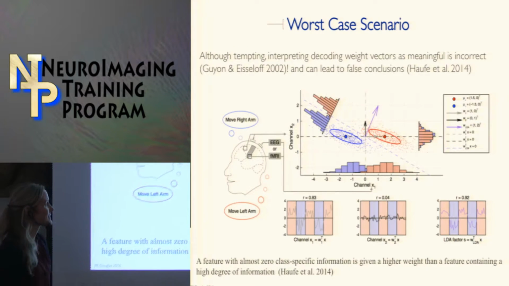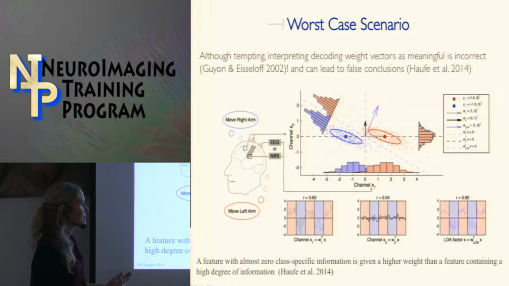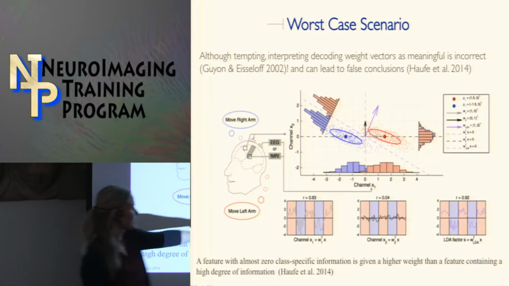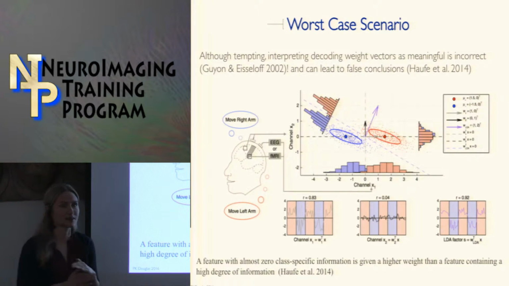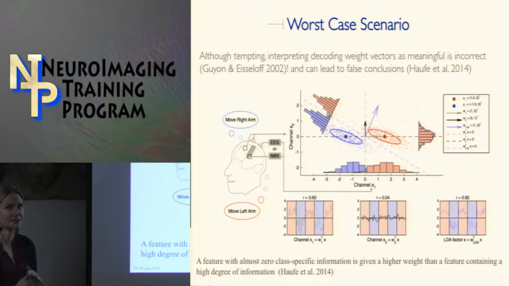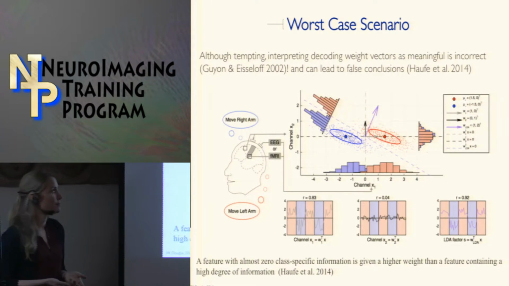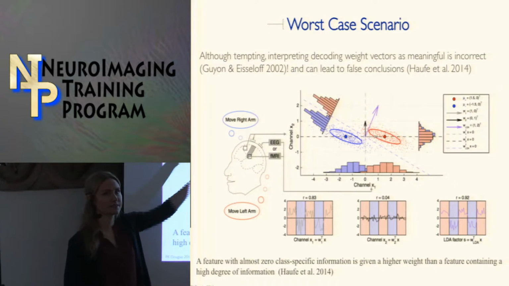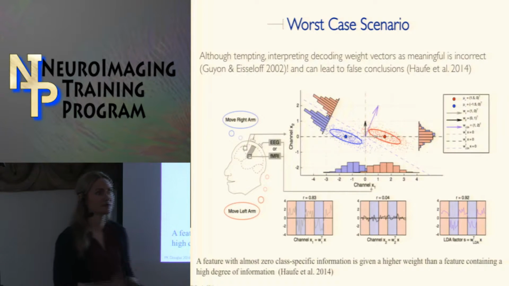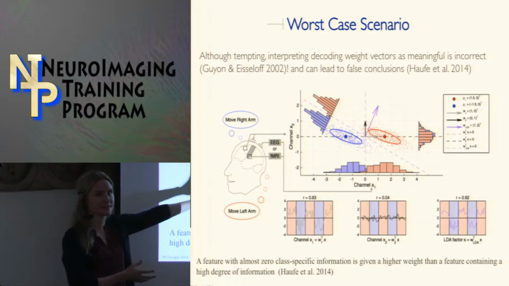This is the worst case scenario, but it can happen that a channel or a voxel that has no information on its own is assigned a very strong weight. Part of that has to do with the covariance between the two. If the two were orthogonal, then the covariance is 0, and this is not a problem.